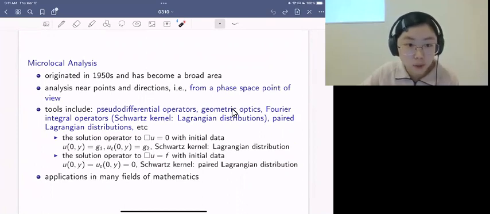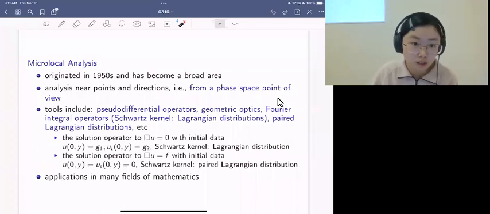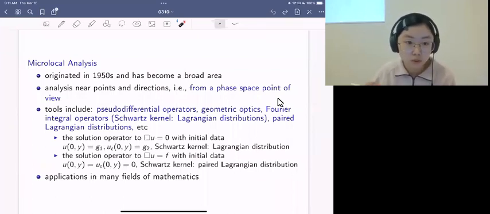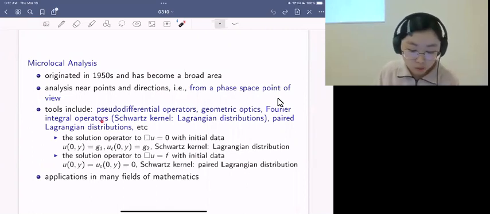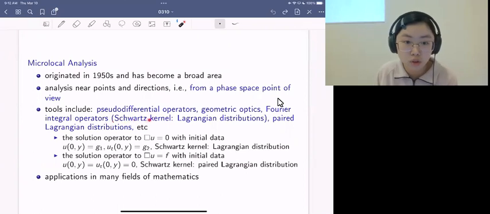Roughly speaking, microlocal analysis studies distributions, which are generalized functions, from a phase space point of view. The tools we use include, but are not limited to, pseudo-differential operators and Fourier integral operators, which are operators whose Schwartz kernels are Lagrangian distributions.